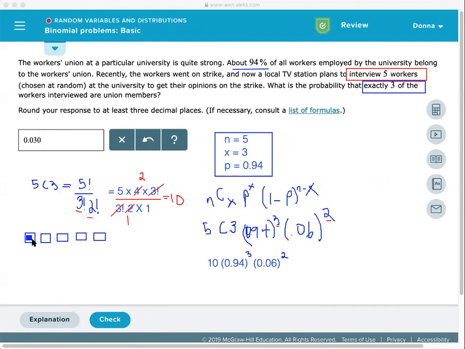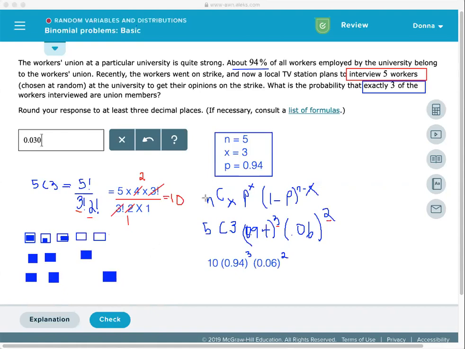So I could have a union worker here, a union worker here, and a union worker here. That's one possibility. Another possibility is I could have a union worker in the first choice, a union worker in the second choice, and a union worker in the third. I could have a union worker in the first person that's interviewed, not the second, third, or fourth, but the 5th. So you can see right there, I already have 3 different cases.